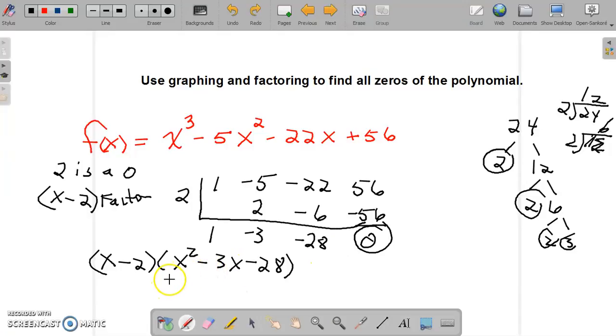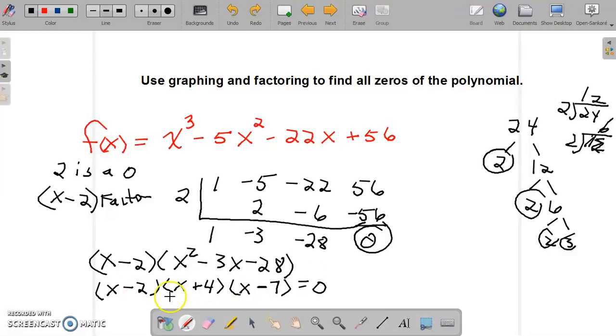Now, let's take a look at this. Maybe I can factor this. I'm pretty sure I can. It looks like a 7 and a 4. The 7 has got to be negative, and the 4 has got to be positive. So the 3 zeros of my polynomial are whatever make each of these factors zero.